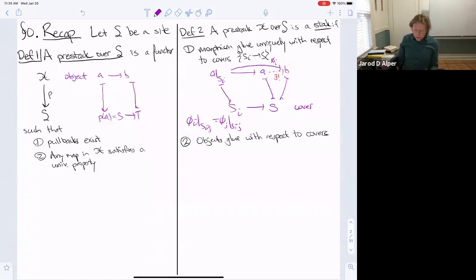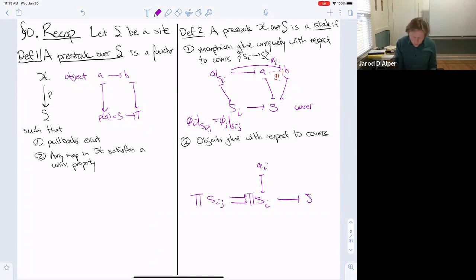And then the statement that objects glue is also with respect to a tau cover. The condition is if you have objects A_i over each S_i and isomorphisms between their pullbacks. Here I'm really thinking of the product of S_i and the product S_ij.